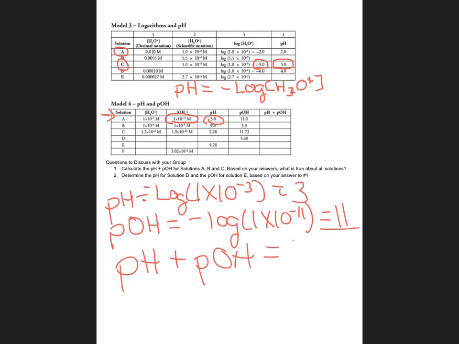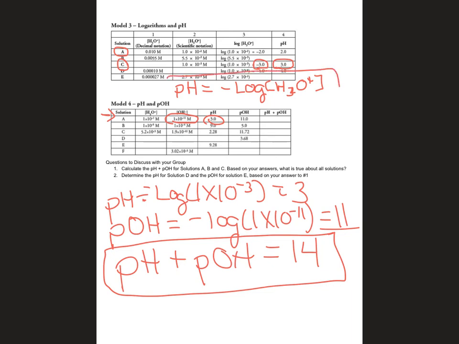Well, 3 plus 11 is 14. And this is a hugely useful relationship to remember. Okay, so knowing that to get pH, you're going to take a negative log of a concentration. And if I know pH, and if I remember this relationship, I could figure out pOH and vice versa because they always add up to 14.